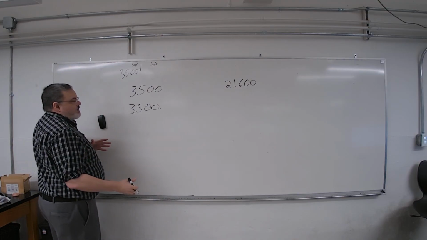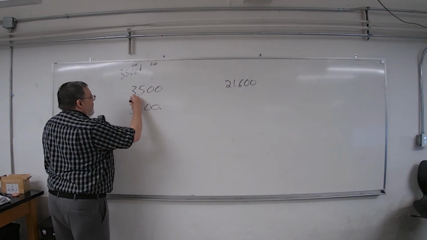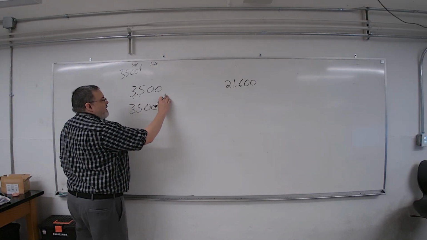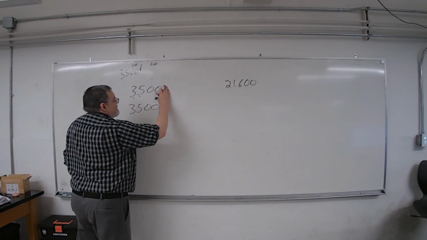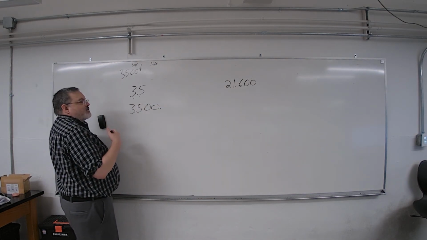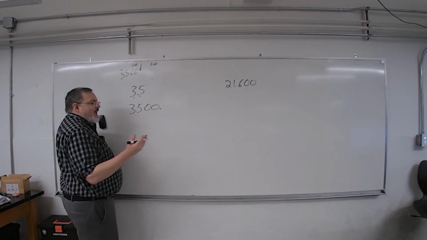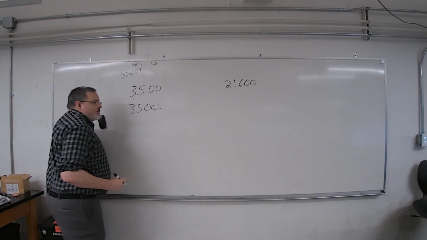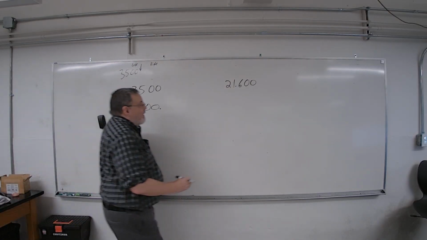If a person made a measurement, and these were the only things that were significant, but these weren't, in that case, they just wouldn't write them. But if it's on this side of the decimal, that looks like 35 instead of 3,500. They have to write these zeros. These have to be there to see the magnitude of the number.